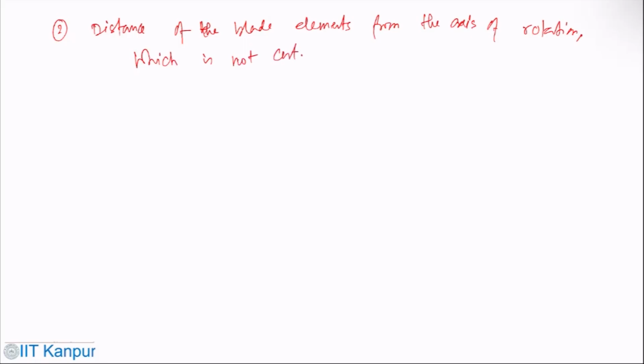And the second point is the distance of the blade elements from the axis of rotation, which is not constant with the length of the blades.